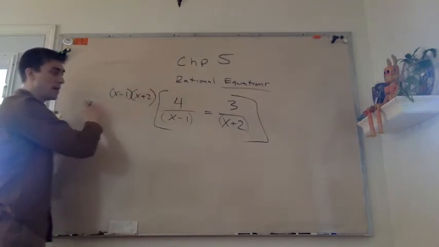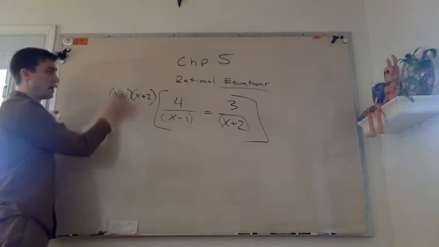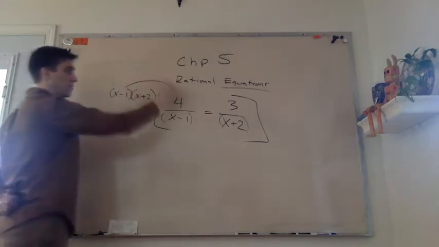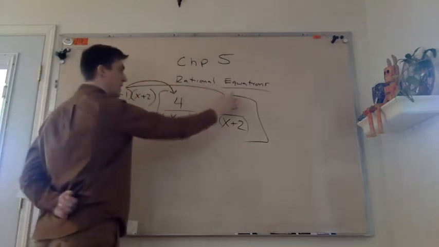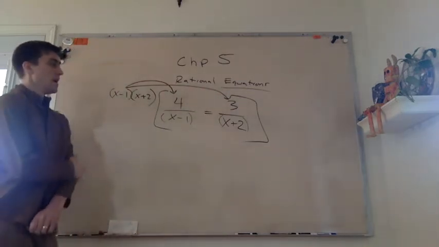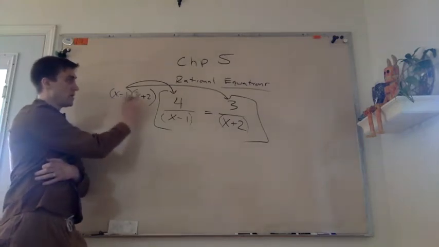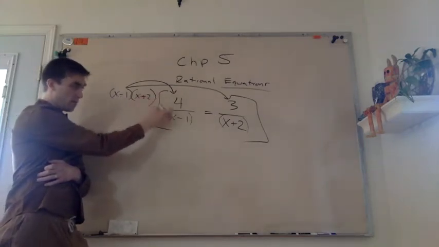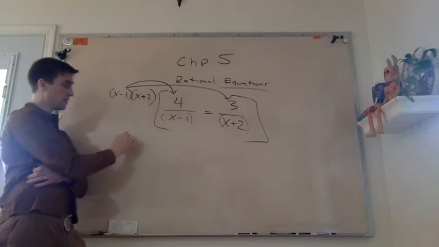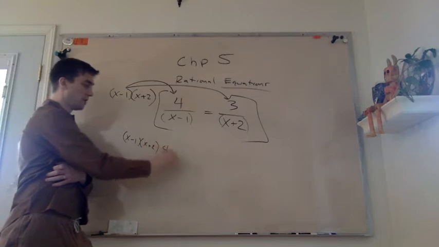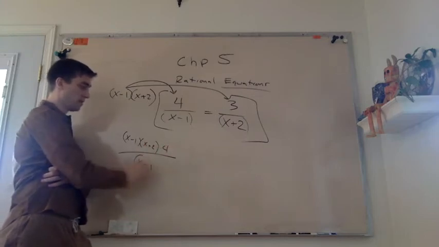So I'm multiplying the entire equation by x minus 1 times x plus 2. Multiply that by that, and multiply that by that. And here's the cool thing about that. Here's what happens. When you multiply x minus 1 times x plus 2 by 4 divided by x minus 1, you get this: x minus 1 times x plus 2 times 4 divided by x minus 1.